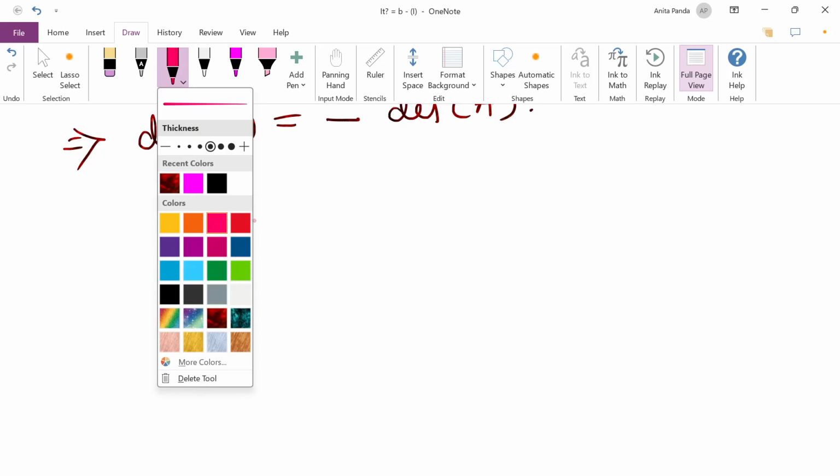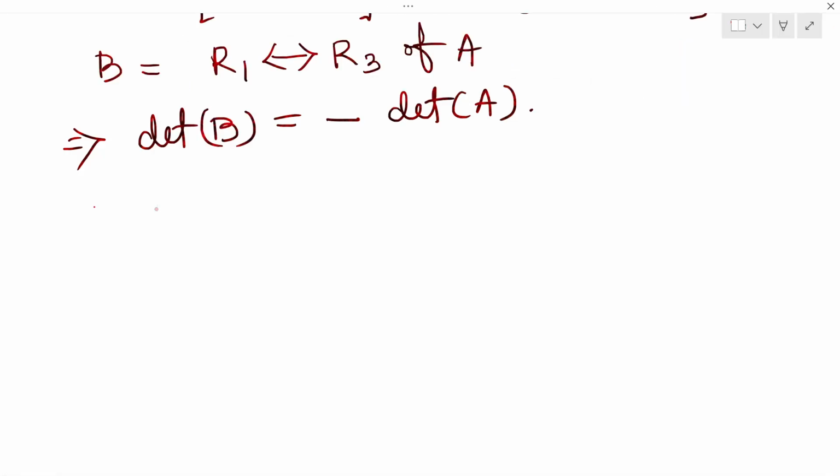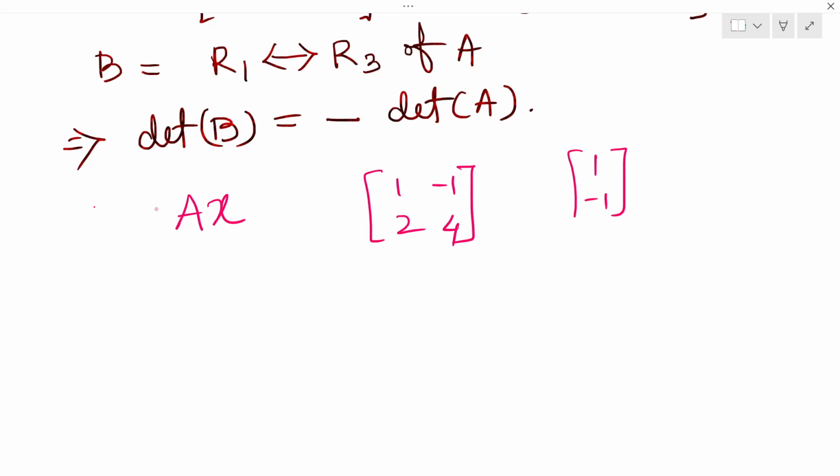A matrix A is given, X is given. Suppose I am giving a matrix 1, minus 1, 2, 4. I want to verify whether the vector 1, minus 1 is an eigenvector of this matrix or not.